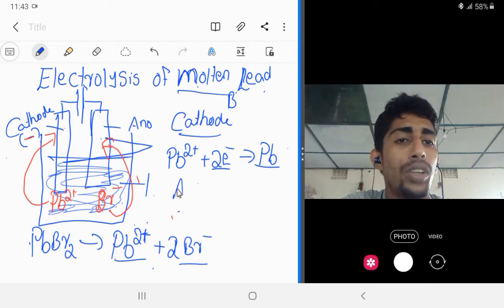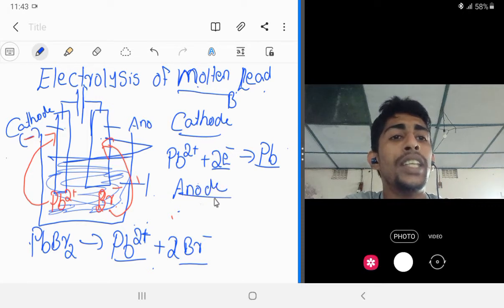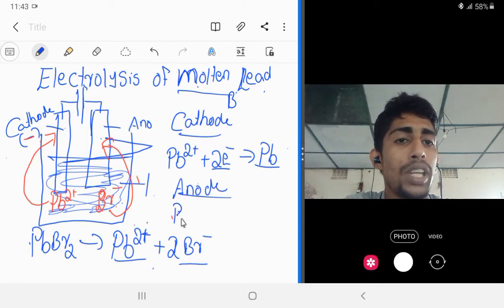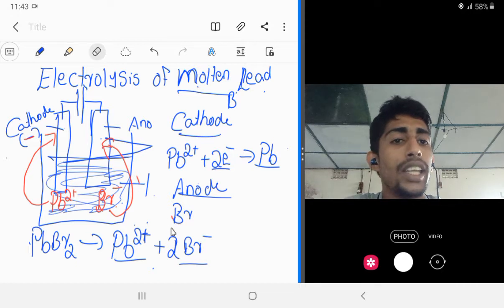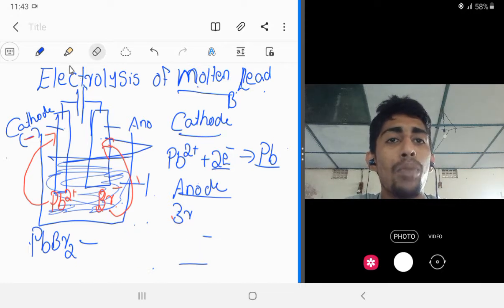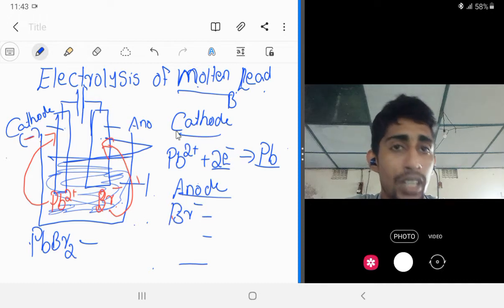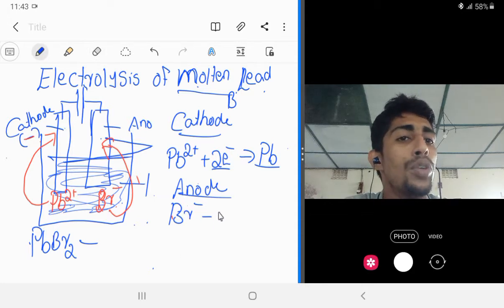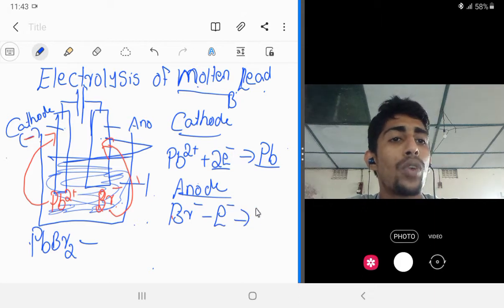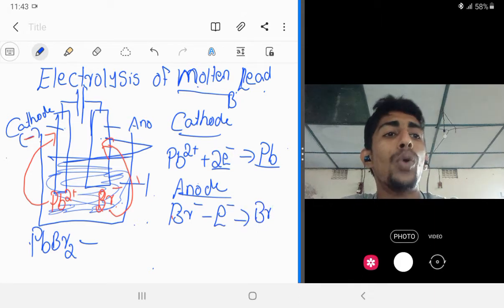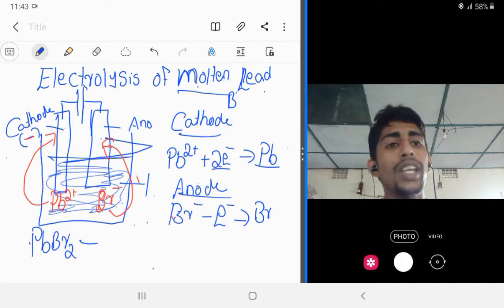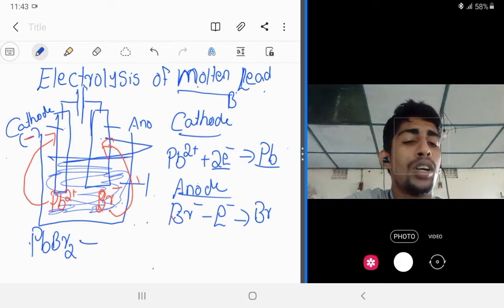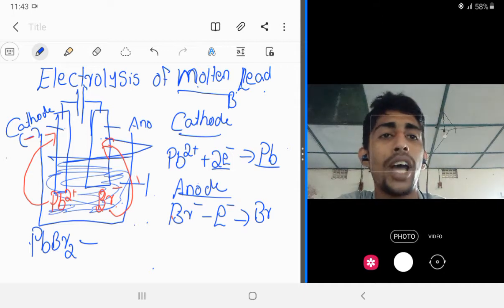Then at the anode, the negatively charged bromine ion will move to the anode and lose its 1 electron and become a bromine atom. Again and again more bromine atoms come to the anode.